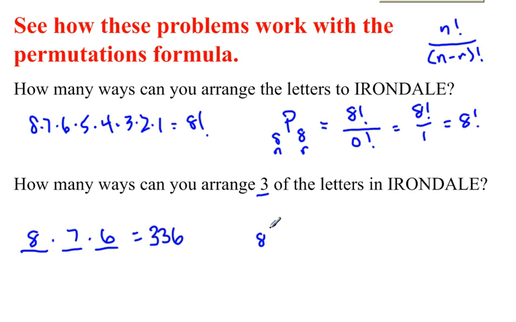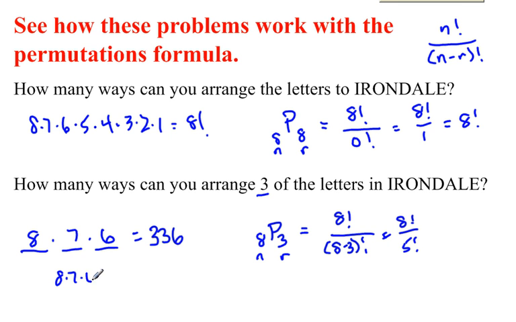Here we have 8 permutation where we're choosing 3 of the 8. On top, so this is n and this is r, we have 8 factorial. And on bottom, we have 8 minus 3 factorial. And so we have 8 factorial over 5 factorial. Now this comes out to be the same thing as this over here, because what really happens is on top we're taking 8 times 7 times 6 times 5 times 4 times 3 times 2 times 1.